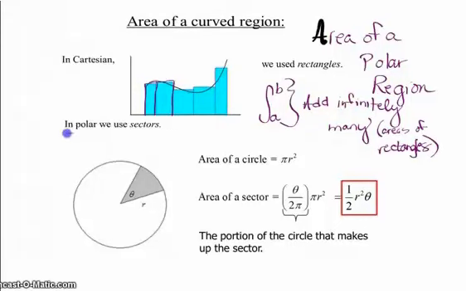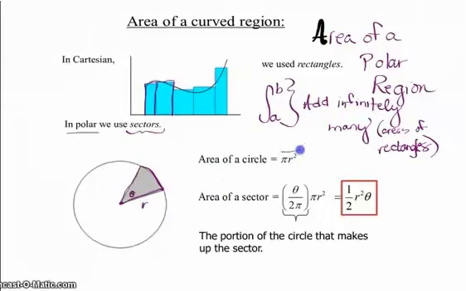Now, for our polar regions, we're going to use sectors. Remember, a sector is a portion of a circle. Let's talk about this shaded region right here, this gray area, and that's angle measure theta. Remember, any point from the center of a circle to the surface of the circle, the distance between those two points is the radius of the circle, so that's where r comes from.